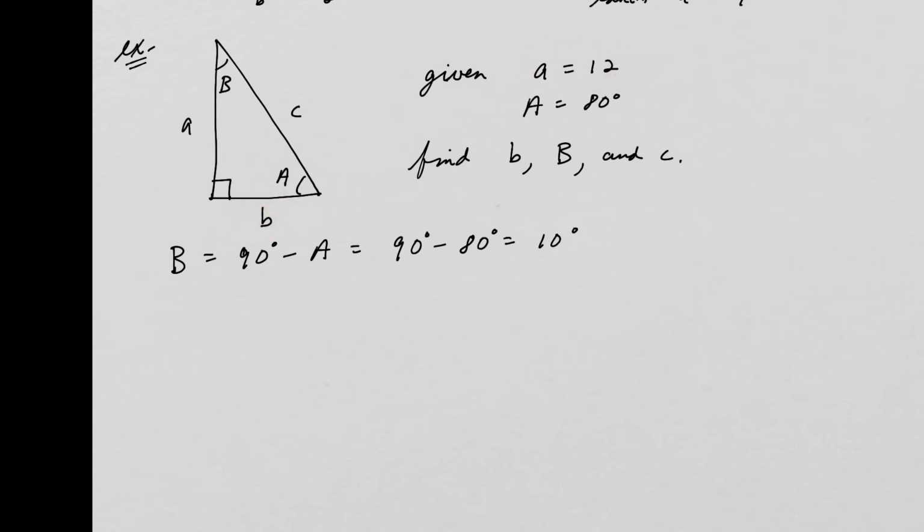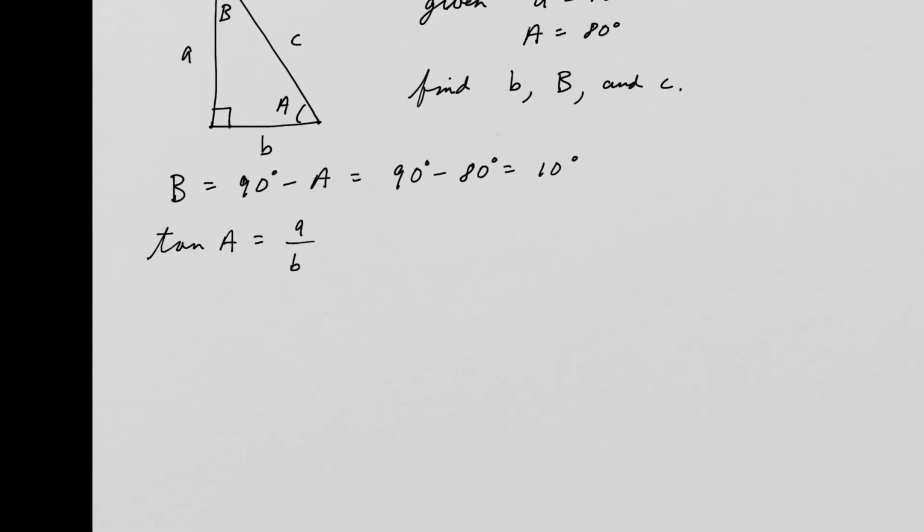Well, how does a relate to b? a is opposite angle A, b is adjacent to angle A. So I can use tangent, right? I could say that tangent of angle A must be little a divided by b. Okay, and then we can solve this for b, right? How do we solve this for b? Well, you can multiply both sides by b.